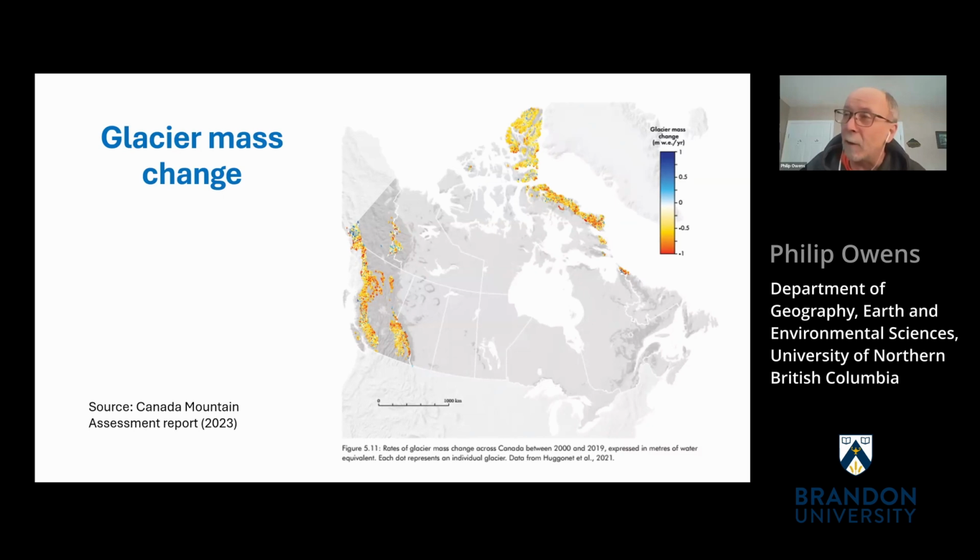And one of my colleagues who was involved with some of these maps, Brian Menounos, who is probably one of the leading glacial scientists in the country, was asked a few years ago what's going to happen by the end of the century, and he pretty much said that most glaciers in Canada will be gone by the end of the century, which is pretty depressing news. So sorry about that, but it's context for this particular lecture that I'm giving today.